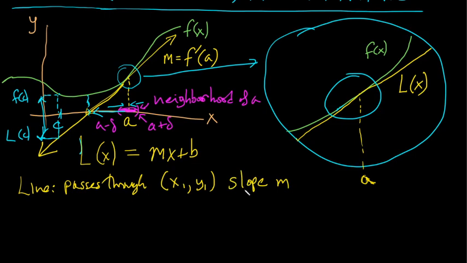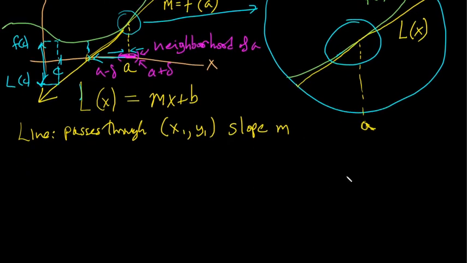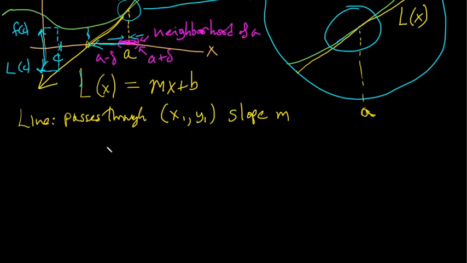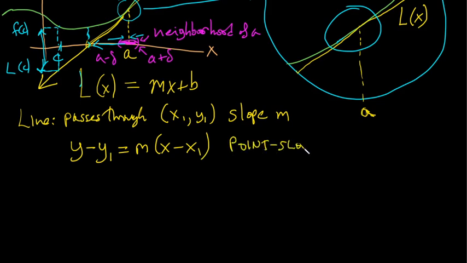You either need 2 points, which determines the slope, or if you know the slope, you need 1 point to determine the line. So the equation can be written as y minus y1 equals m times x minus x1. This is sometimes referred to as the point slope form of the equation of a line.